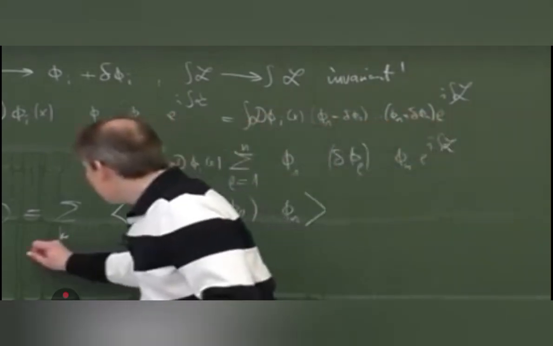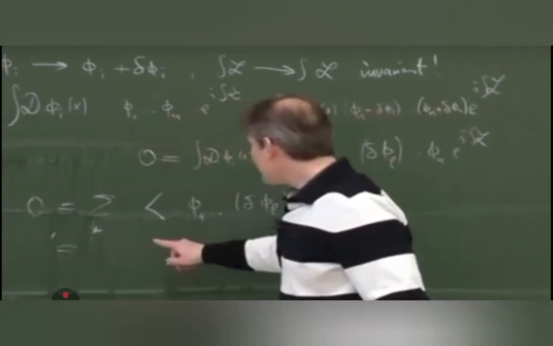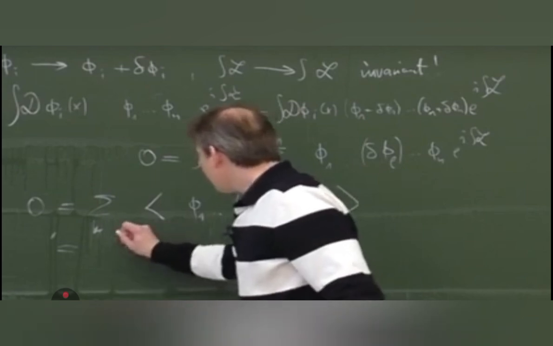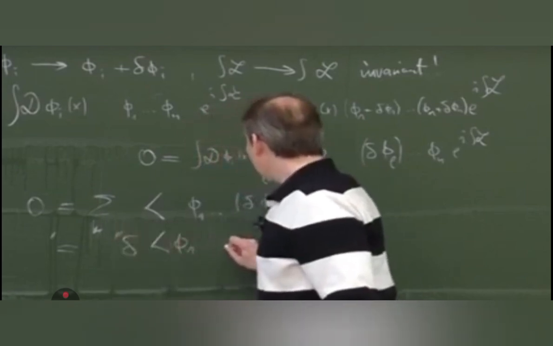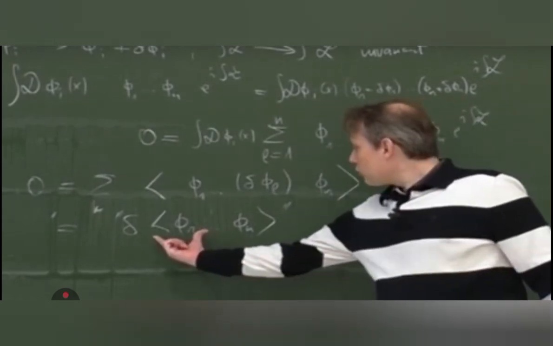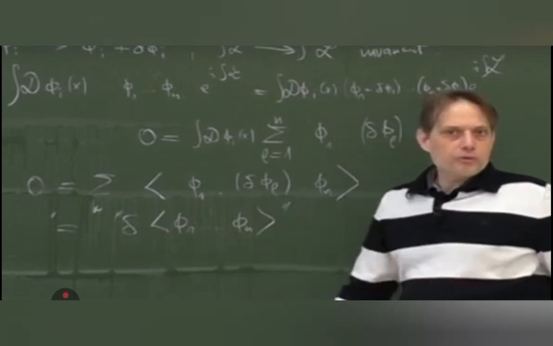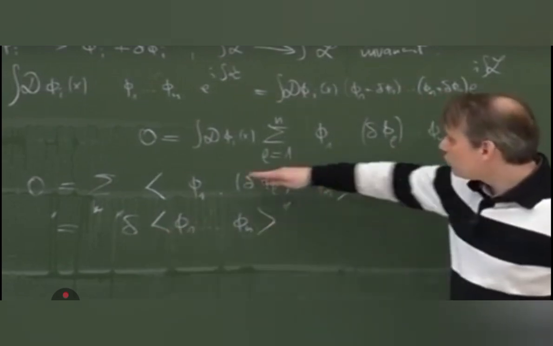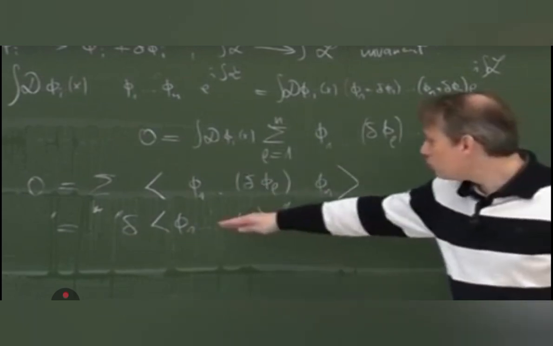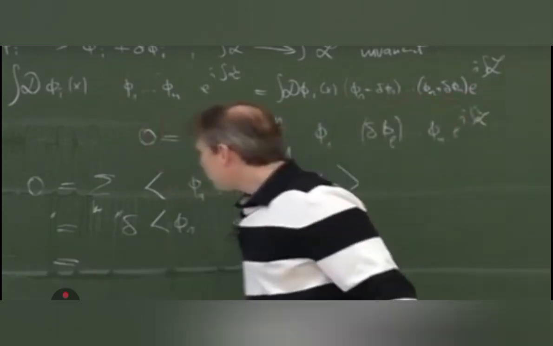Let's rewrite it a little bit more in two ways. One way is, in quotation marks, I would call this "delta of phi_1 up to phi_n", because that is really an abbreviation for the line before it. It's the obvious thing. You see a Green function with lots of operators, and applying delta to it in the sense of derivatives would generate naturally this expression. So in that sense I would use such a shorthand notation for the line above it. But also to make it super explicit, what does it really mean?